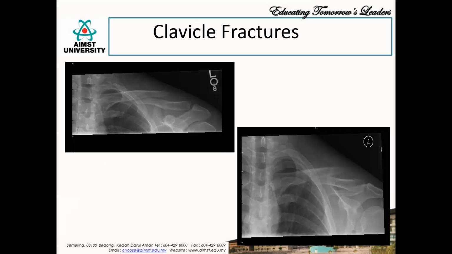It is one of the horizontal bones. So we call it either the sternal end as the proximal end or medial end. The distal end is otherwise called the acromial end or lateral end.